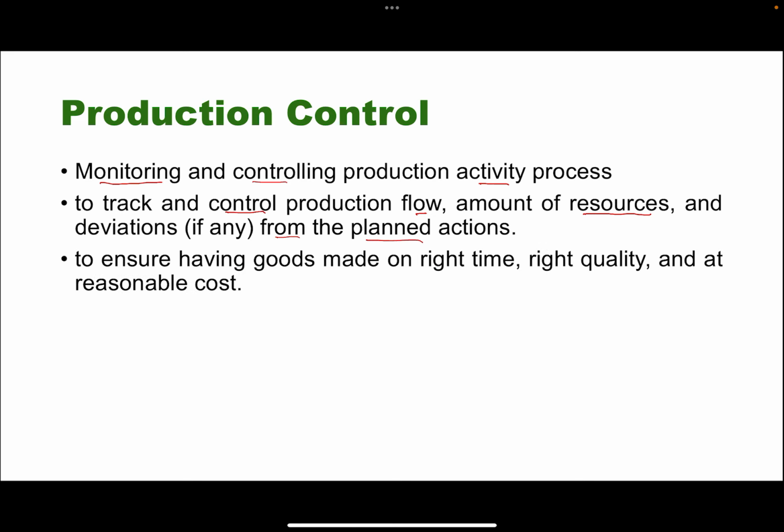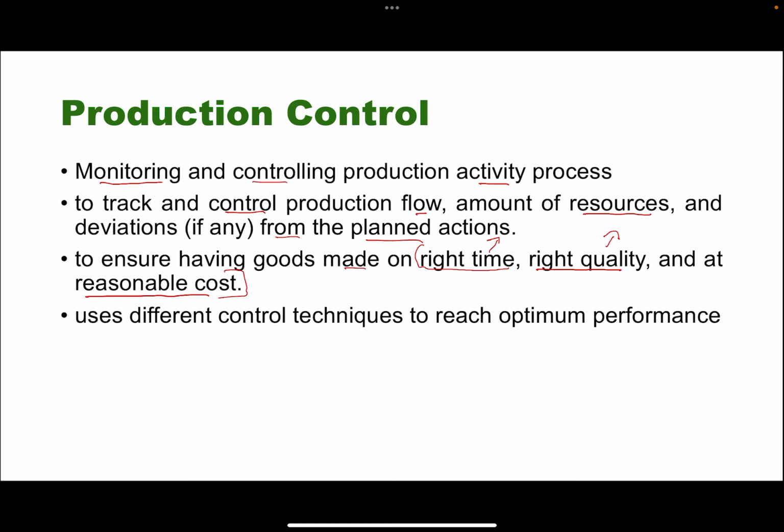And to ensure goods are made on time, you need to ensure that the products are manufactured at the right time, right quality, and at a reasonable cost. You need to constantly monitor the quality and also the time taken. Is it produced at the right time, and is it at a reasonable cost? So it uses various control techniques to reach optimum performance.